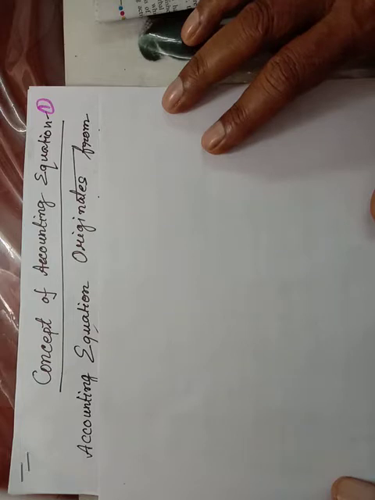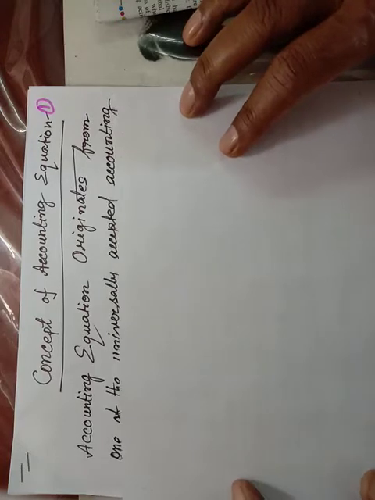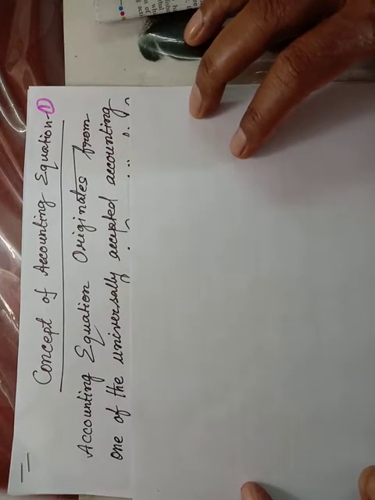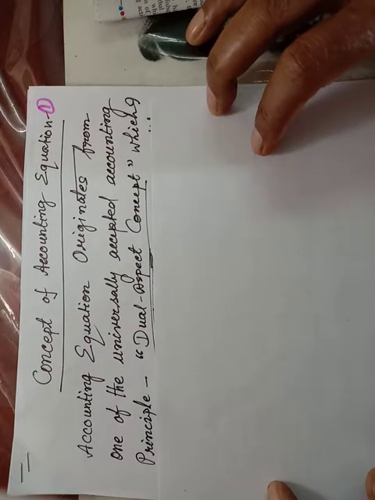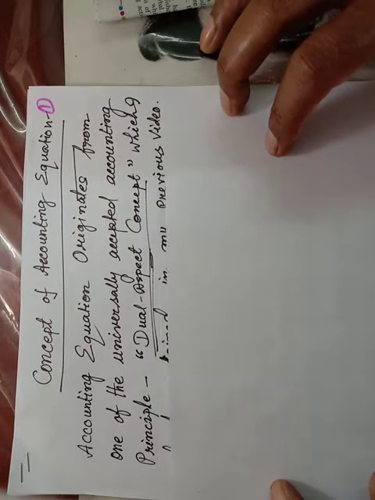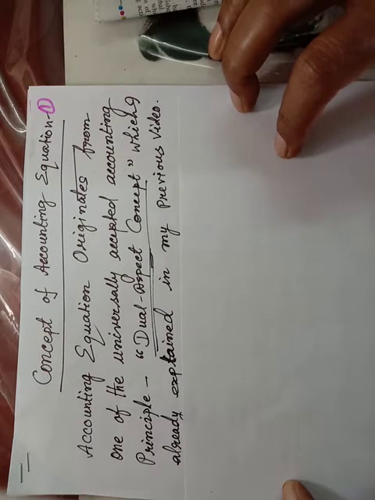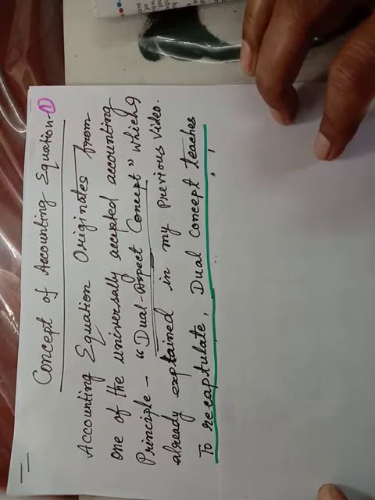Today I will explain the concept of accounting equation. The accounting equation originates from one of the universally accepted accounting principles, that is the dual aspect concept or dual principle, which I already explained in my previous video.